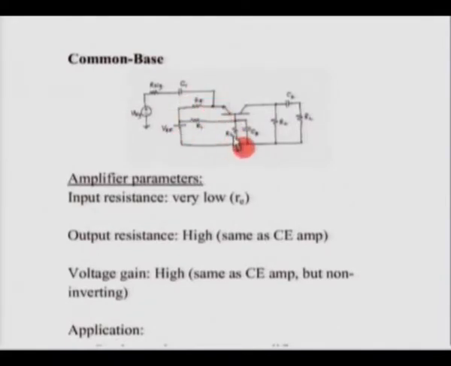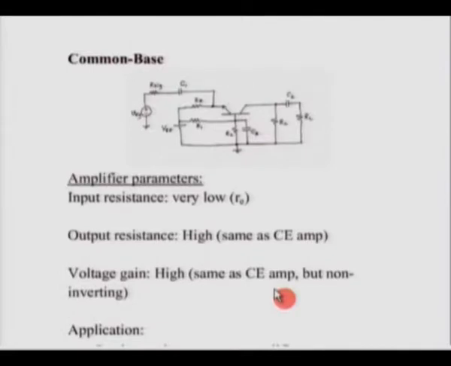In the previous case the signal was applied to the base, therefore any increase in the base voltage resulted in an increase in collector current, which decreased the VCE. In this case it is the other way, and that is why there is no negative sign in the voltage gain.